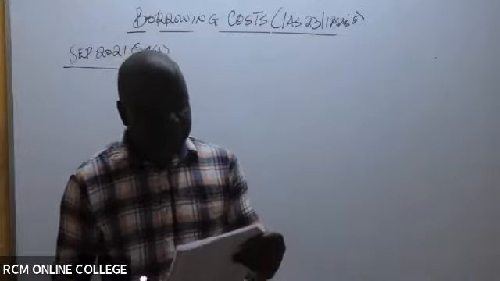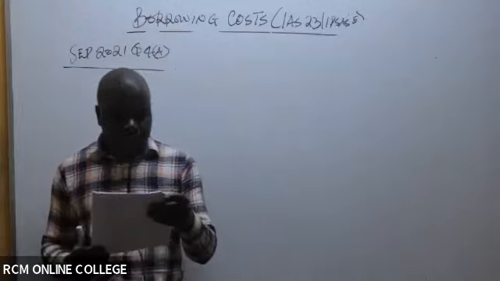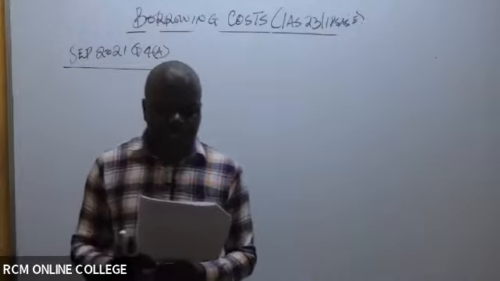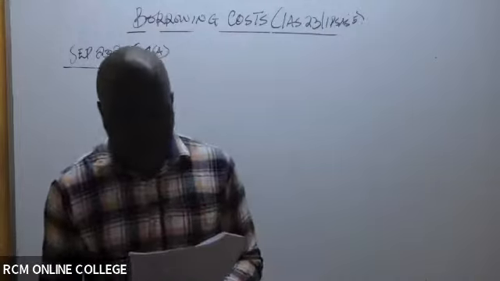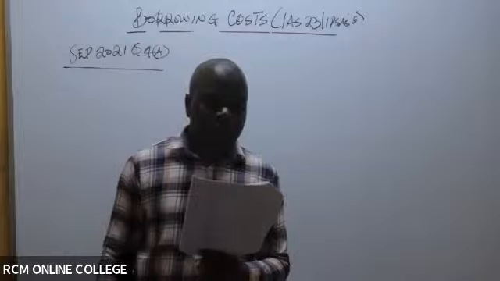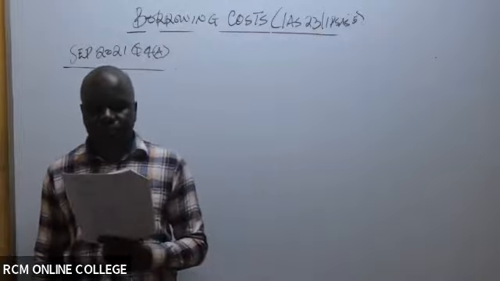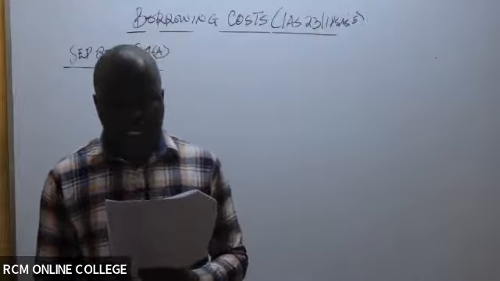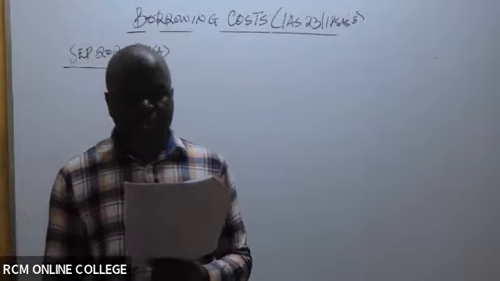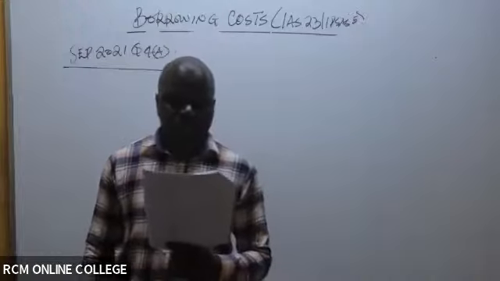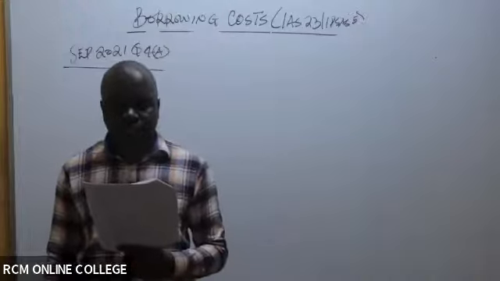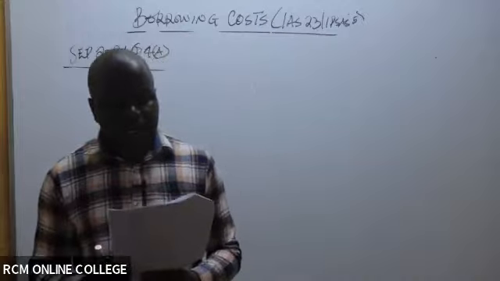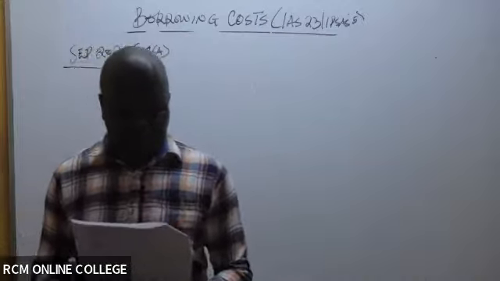Then additional information: the 10% loan note and 12% bonds were used to finance the construction of a power plant, which commenced on 1st of January 2020. The expenditure for the construction was drawn with 100 million being drawn on 1st of January 2020 and 75 million on 1st of July 2020.